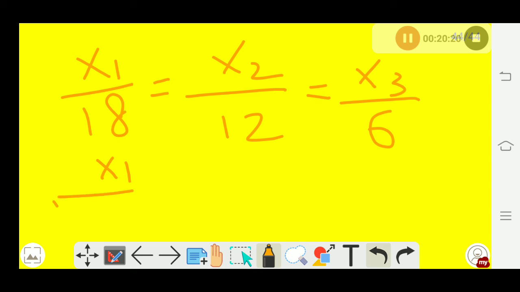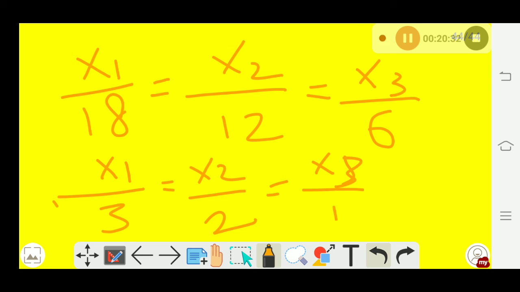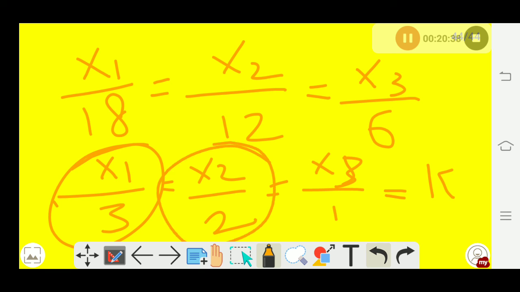Whatever, x1 is 3, x2 divided by 2, you understand. I just cut with 6, just multiply 6 in each term and nothing else. And x3 divided by 1 equals k. So x1 is equal to 3k, x2 is equal to 2k, and x3 is equal to k.